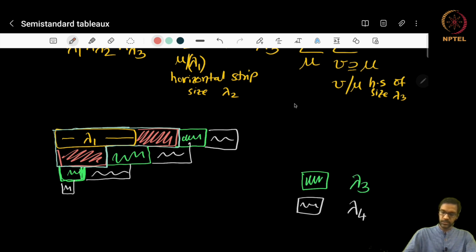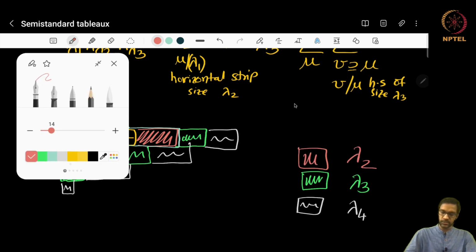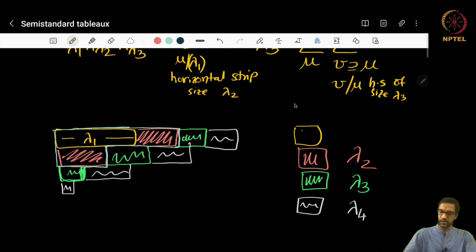The red boxes were lambda 2 in number, and of course the yellow is the original starting point, which had lambda 1 boxes, and so on. So you can see that this process continues. At every step you attach lambda i boxes, all of which lie within the horizontal shadow of the shape that has been formed until the previous step.